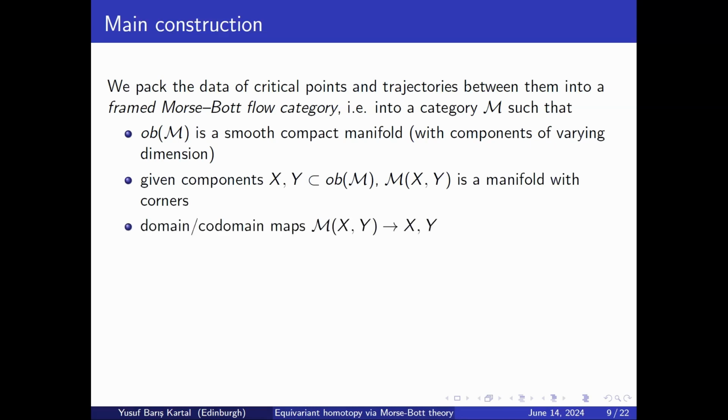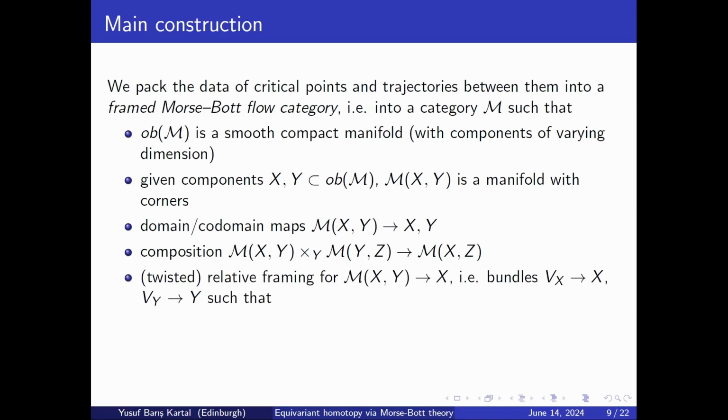And then you have domain and codomain maps. Of course, this is part of the category structure. And you have composition, but composition is defined on the fiber product, because the target of one morphism has to be the same as the domain of the other morphism. And then I have this prefix framed there.